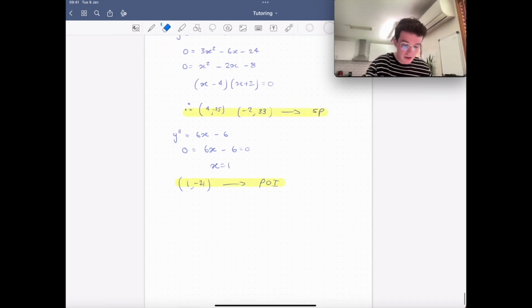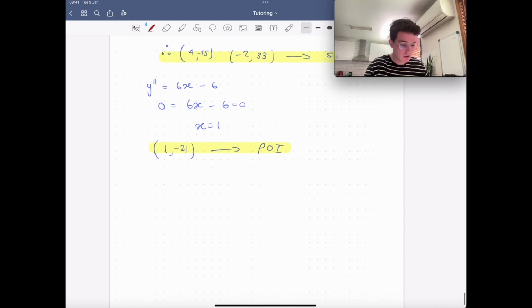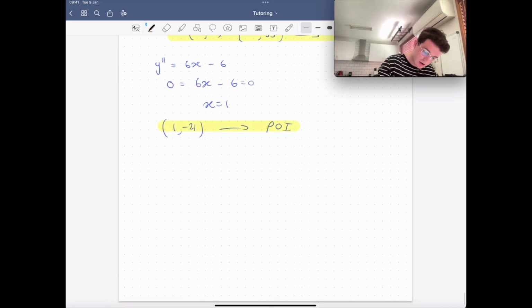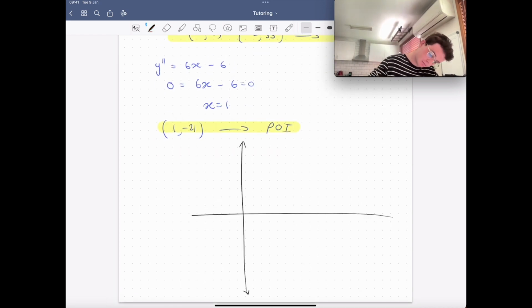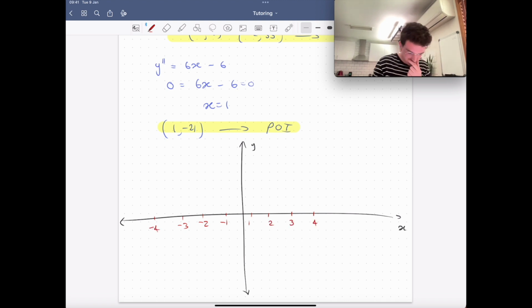Right, so if we go and start graphing our function now, we draw a nice Cartesian plane. We want to graph all of our information, so we might go 1, 2, 3, 4, minus 1, minus 2, minus 3, minus 4, and 1, 2, 3, 4.